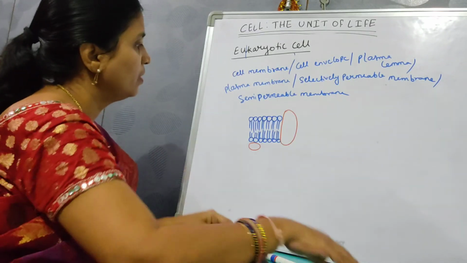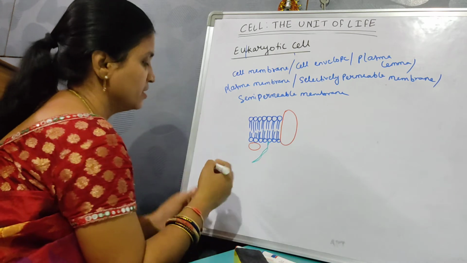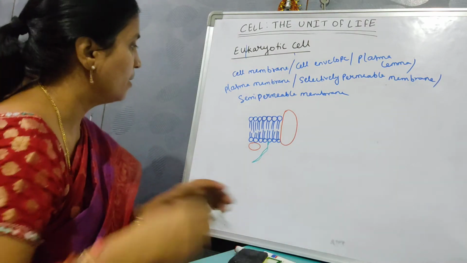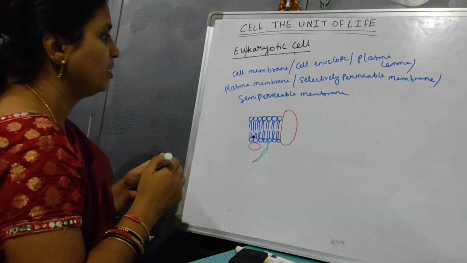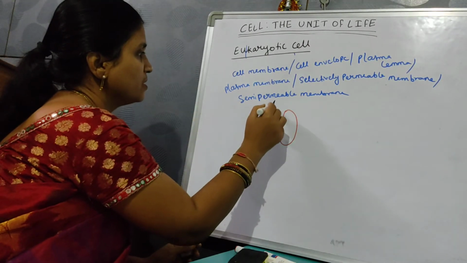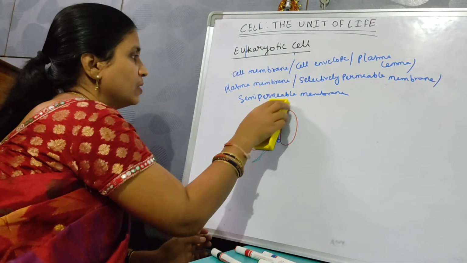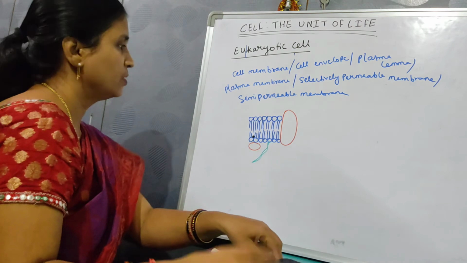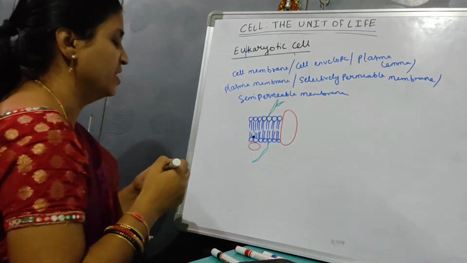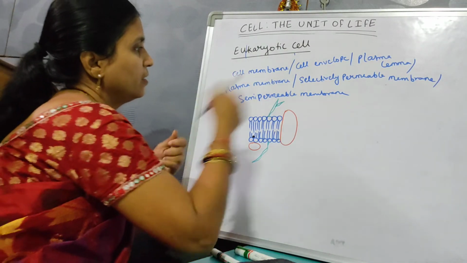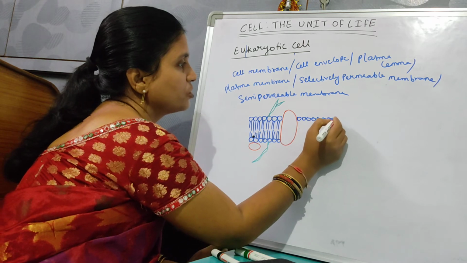Sometimes a sugar moiety may be present here. Sometimes cholesterol will be present. This is the sugar, which is branched or unbranched like this. This is the structure of the membrane.